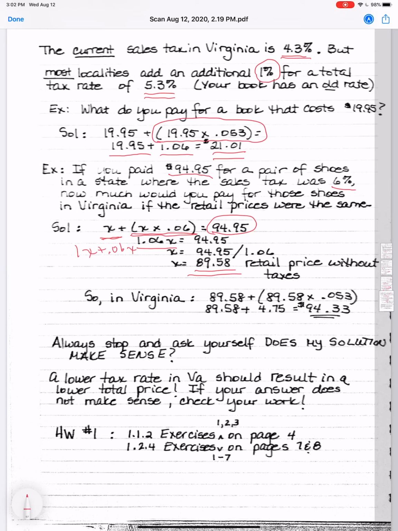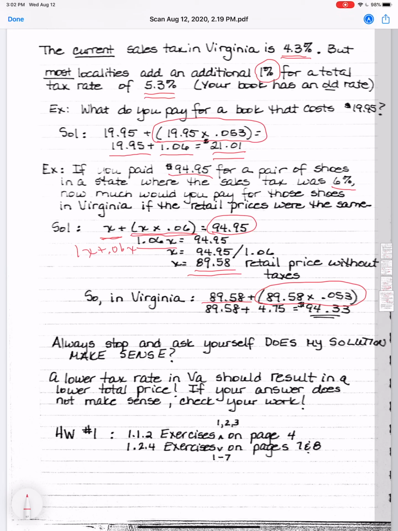So if we were going to buy those in Virginia, we know that we would start with $89.58 and we would add our sales tax of 5.3%, or 0.053. So it would be $89.58 plus $4.75, which is $94.33.